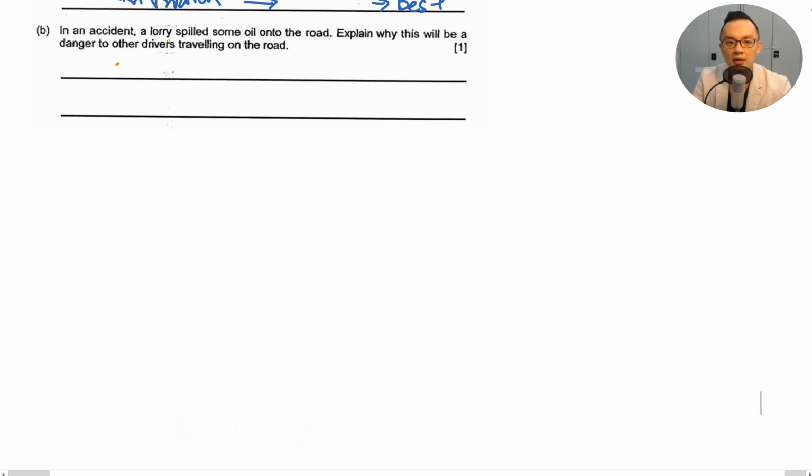In an accident, a lorry spilled some oil onto the road. Explain why this will be a danger. All right, so spilled oil. They need to explain, so there'll be some scientific explanations here, and at last it will be a danger. So when you spill the oil, let's think about it. There will be a reduction in the friction because oil is a lubricant.